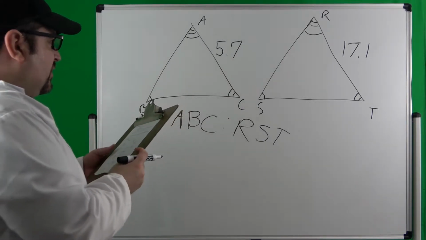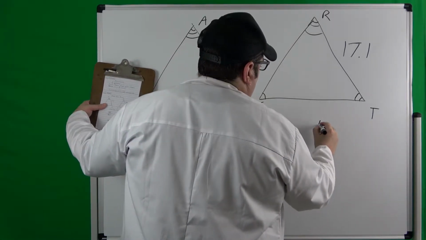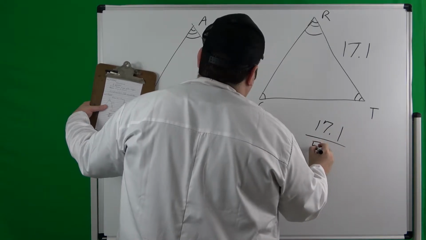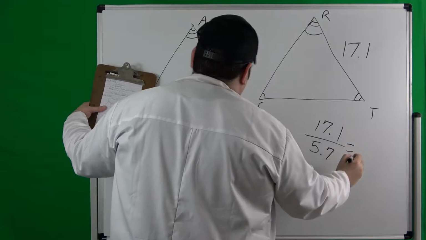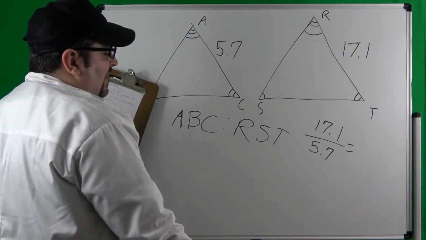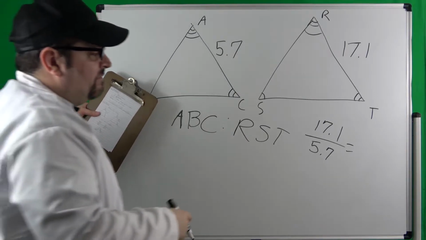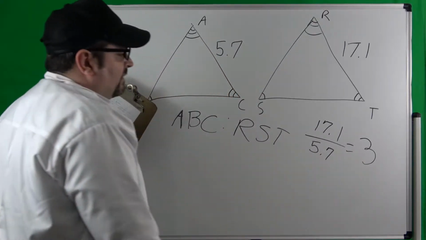So, okay, we're just going to take RT and put it over AC and divide it out. It really is that easy. 17.1 divided by 5.7. Well, that works out nice and neat. And that's 3. Well, okay.